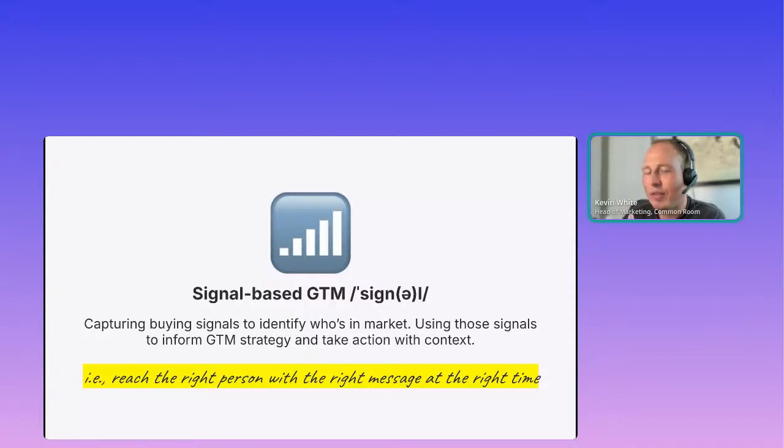I like to think of it as the holy grail of go-to-market, which is combining your audience with what they're doing with your offer, and overlapping those two things, with the signals that your audience is taking defining the audience, and then using the context of the signals for your offer. The more you can overlap those two things, the better your results will be.